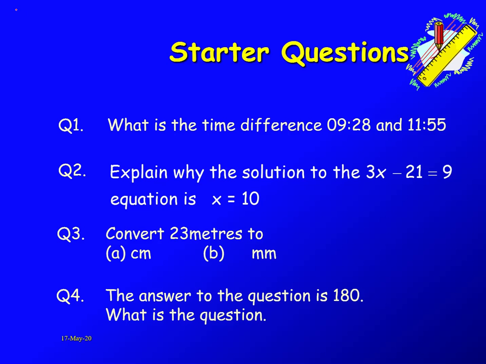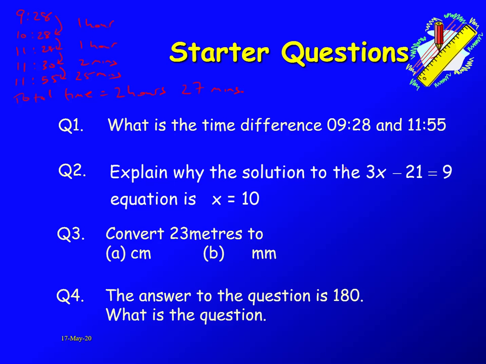So we can have here 9:28 to 10:28, 1 hour, to 11:28, it's another hour, to 11:30 say, that's just 2 minutes, and then we go on to 11:55, which is our final time, and from 30 to 55 is 25 minutes, so that's your total time of 2 hours and 27 minutes.